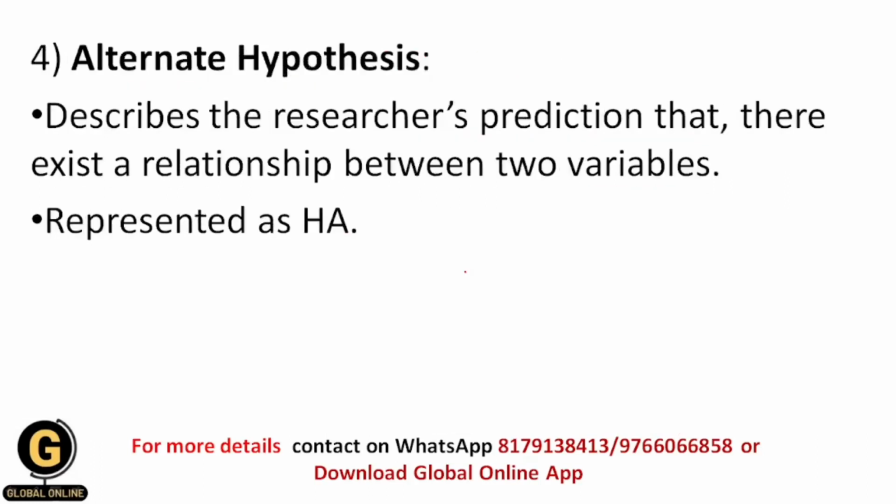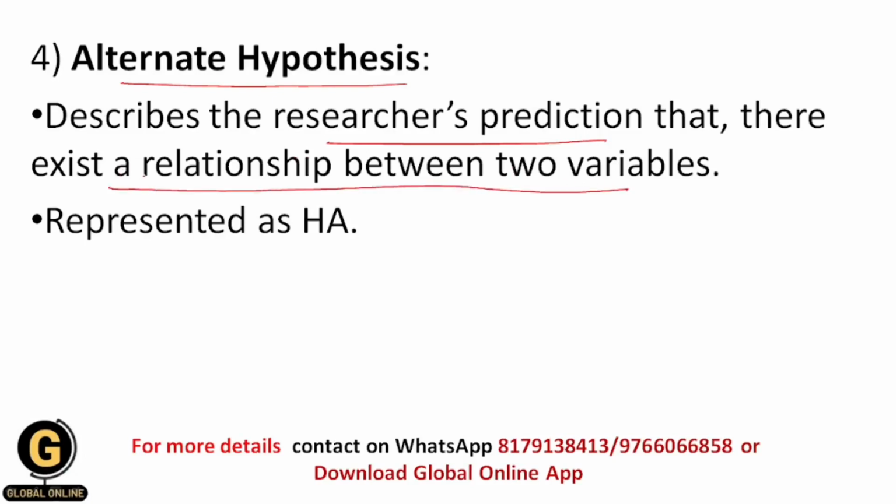Now students, the last type is the alternate hypothesis. It describes the researcher's prediction that there exists a relationship between two variables. In this hypothesis, we are describing that there is a relationship between two variables, so it is exactly opposite to the null hypothesis, right?